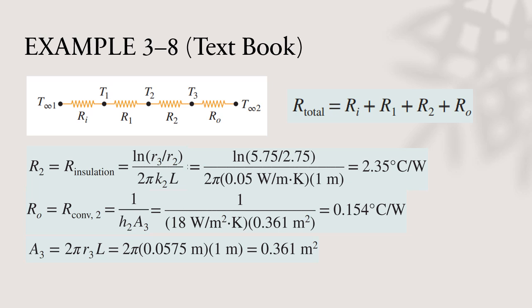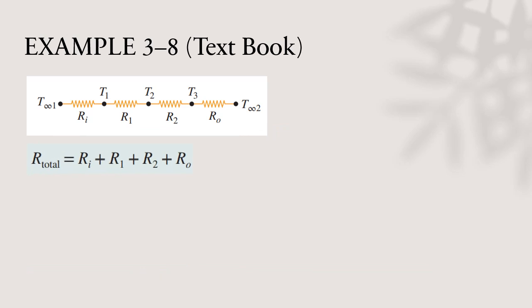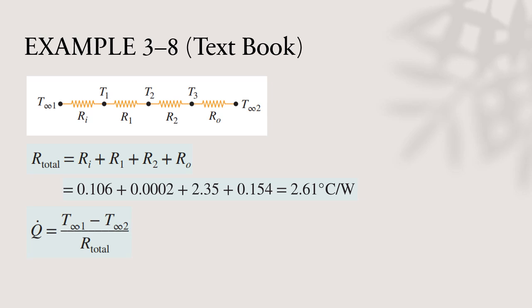Okay, now we can calculate the total resistance by adding all those values, and we will get R total equal 2.61 degrees C per watt. And now we can calculate the heat loss, Q dot equals T infinity 1 minus T infinity 2 over R total.